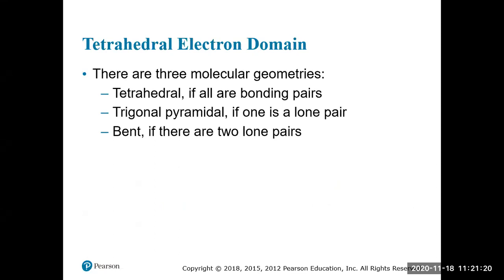Let's talk about the tetrahedral electron domain. So if we have a tetrahedral electron domain, that means we have 4 electron domains there. And if they're all bonding pairs, then we maintain that tetrahedral shape. Trigonal pyramidal would be if we had 1 lone pair, and then bent if we had 2 lone pairs. So let's take a look at that.